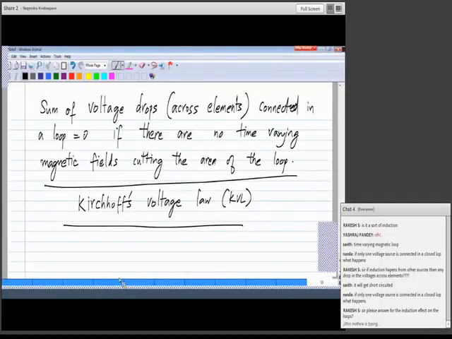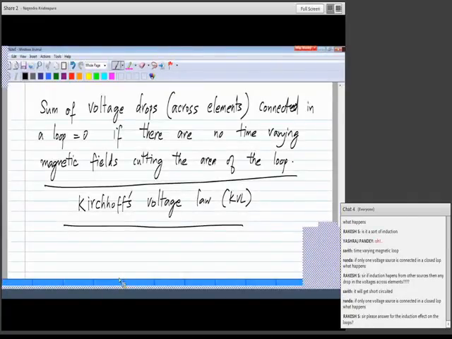Okay. So here I will show a loop. The loop will have some elements, but I will not worry about those, or maybe I will show it with elements so that there is no confusion.